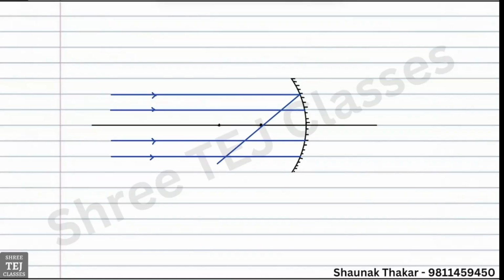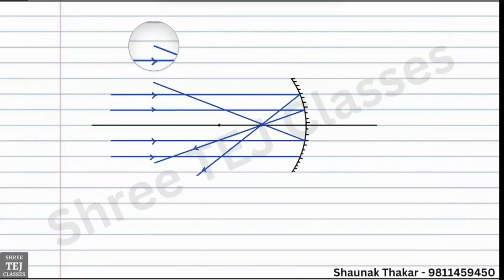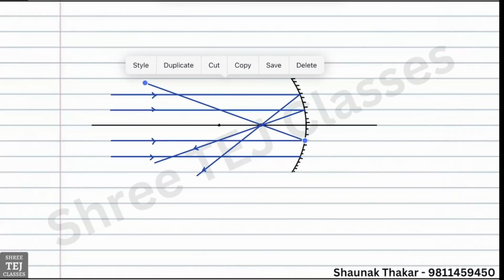So first ray after reflection will pass through principal focus. The second ray after reflection will pass through principal focus. The third ray again will pass through principal focus, and also the fourth ray will pass through principal focus. We can clearly see that all the rays pass through this particular point, which is principal focus F.